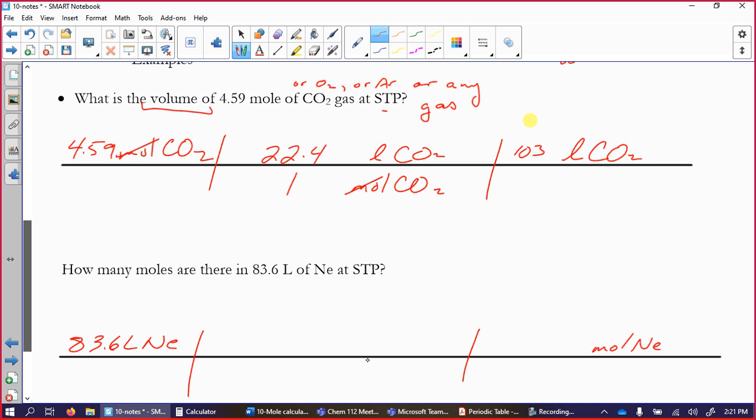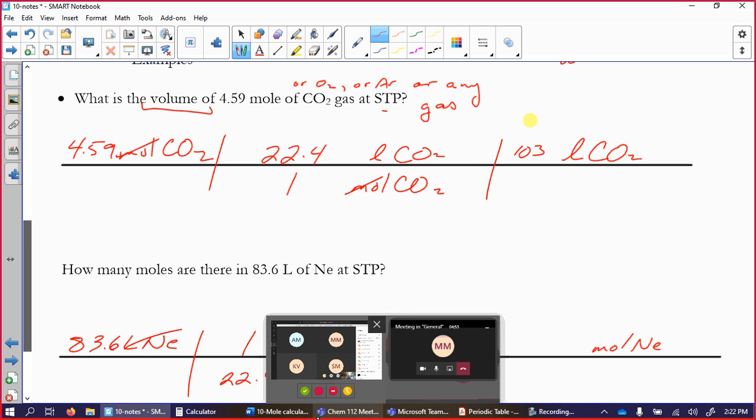So I want moles, so I want to get rid of liters. Those cancel with those. And 1 mole has a volume of 22.4.